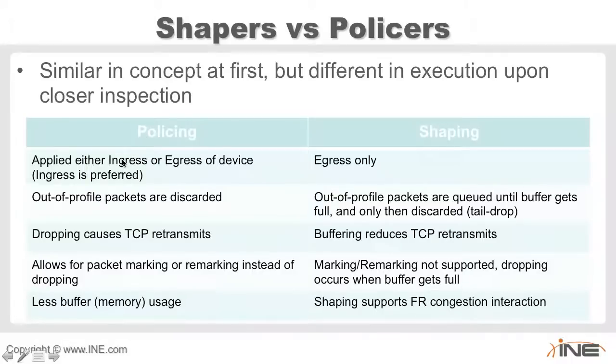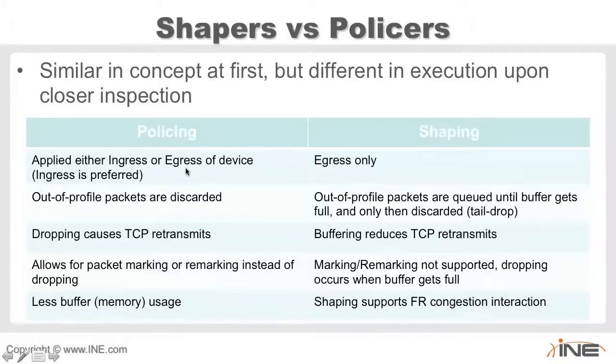Whereas traffic shaping is egress only. With policing, we really define profiles for policing and shaping, but anything that's out of the profile in policing, packets are typically discarded. Now they can be, as we mentioned, remarked as an alternative, but we typically drop them. With shaping, packets aren't dropped at all. They're queued until the buffer gets full.